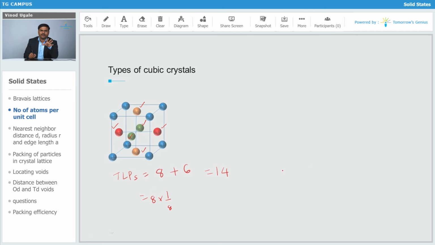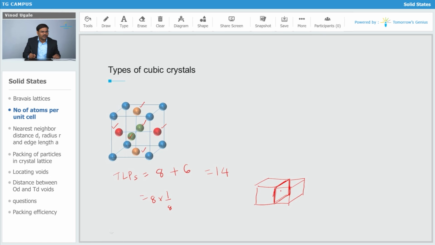So you can observe that obviously they are going to be shared by another unit cell. So if I draw a cubic unit cell like this, and if I am going to draw another unit cell beside this, let's consider this face, which is the merged part of 2 unit cells.